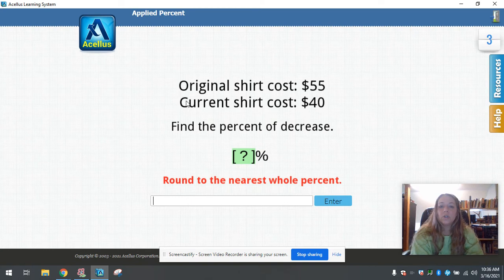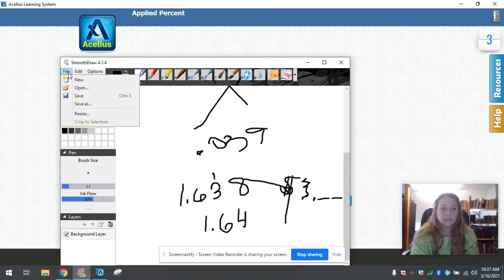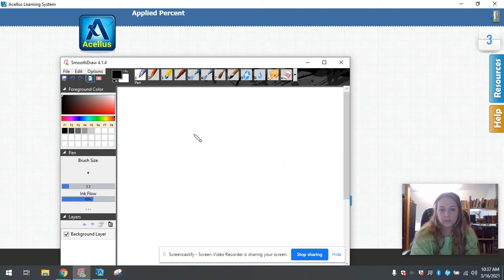Okay, original shirt cost, current shirt cost. Find the percent of decrease. This is the formula he was having us do in the Acellus videos. So the formula is this: the difference. Difference means the answer to a subtraction problem.